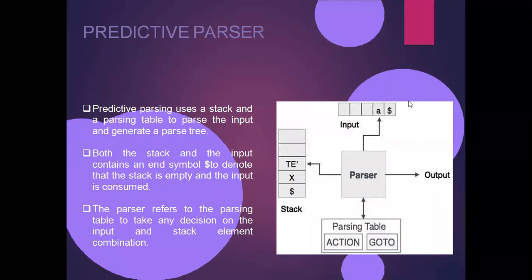All of you see this slide once. What does the structure consist of? Whatever first and follow functions we computed, we already understand, we already did it. That is nothing but a parser here. That is an LL(1) parser.